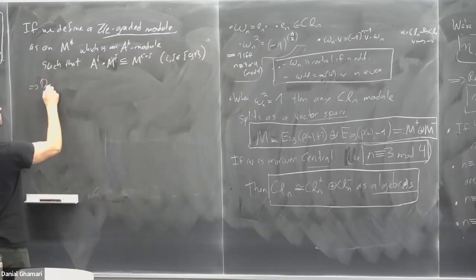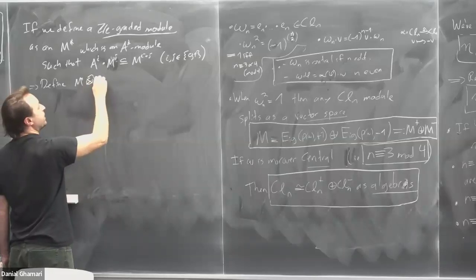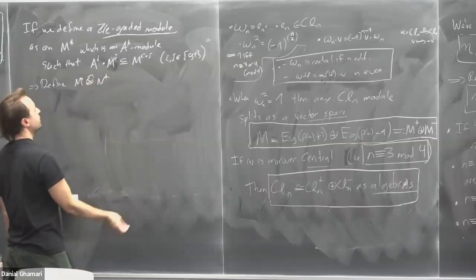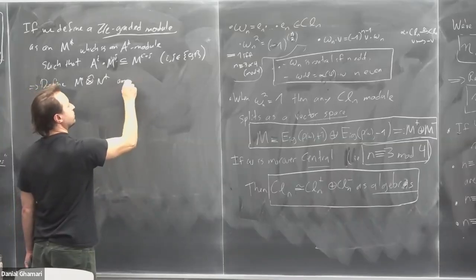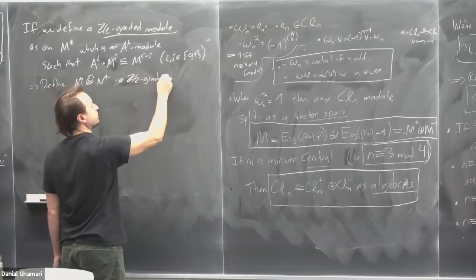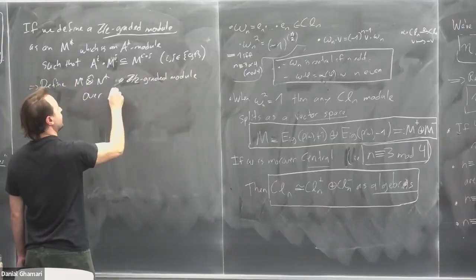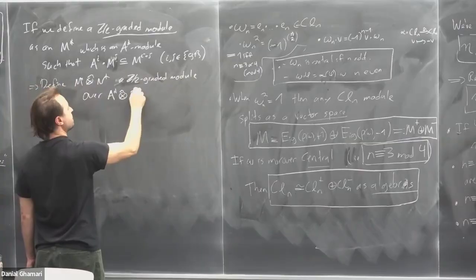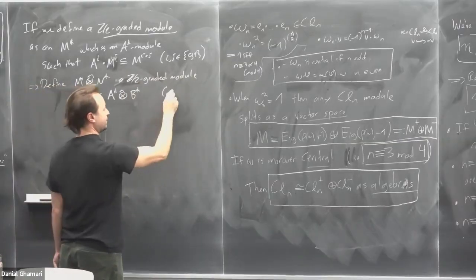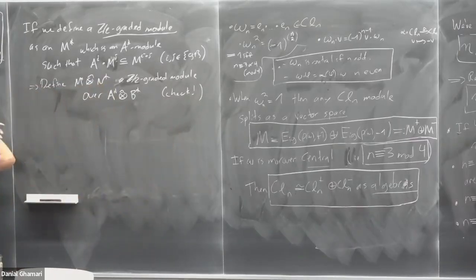Then we can define M star hat tensor N star, the Z2 graded tensor product. This is again a Z2 graded module over A star hat tensor B star. And this is an exercise, please check. Have you done the exercise? Yeah, so showing that the Z2 graded tensor product of algebras is associative requires you to be a little bit careful with signs and degrees.